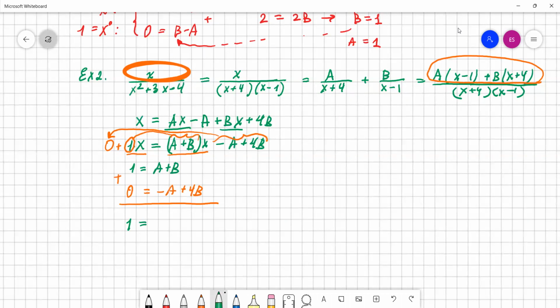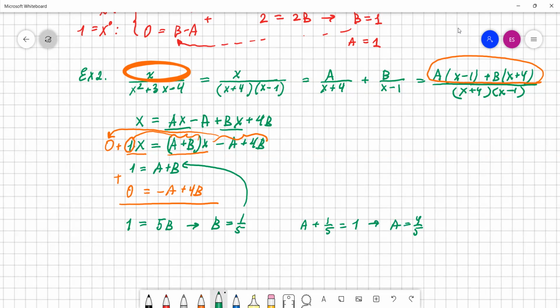A is going to disappear and 4b and b are going to make 5b, from where b equals 1 over 5. Now, if I plug it into this equation, I'm going to find that a plus 1 over 5 equals 1, from where a probably equals to 4 over 5, right? 4 over 5 plus 1 over 5 equals to 1.